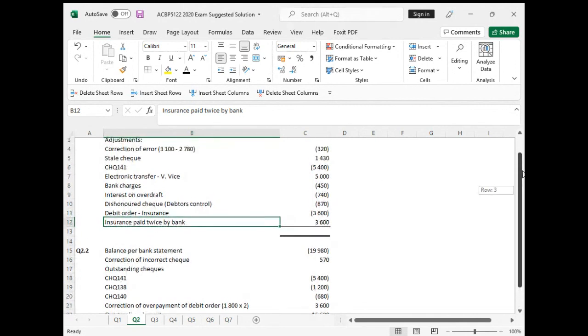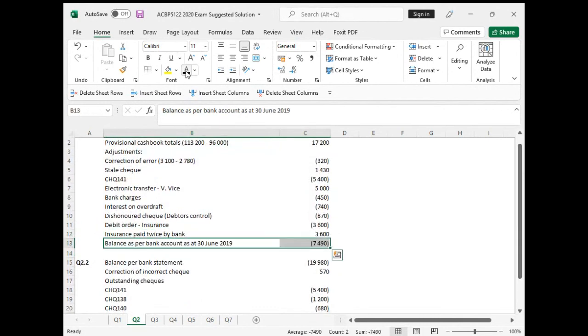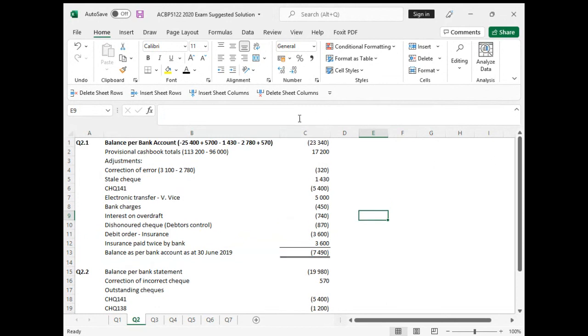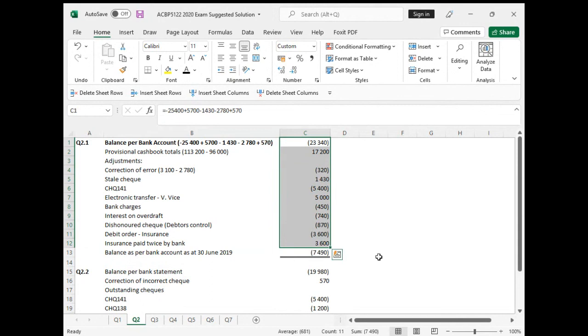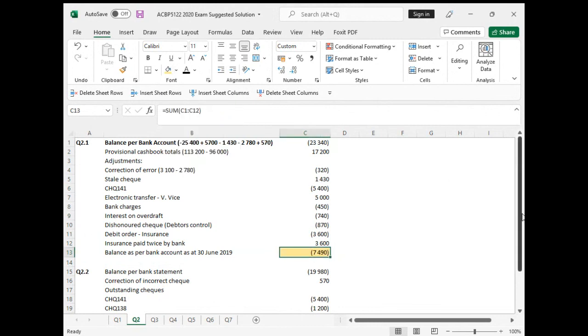Okay, then once we've done all of these transactions, we add up to get the balance per the bank account as of 30 June. Based on adding all of this information up, so you take the opening balance and all the movements, you get a negative 7,490. Now this balance should be exactly the same as the balance per our bank reconciliation.